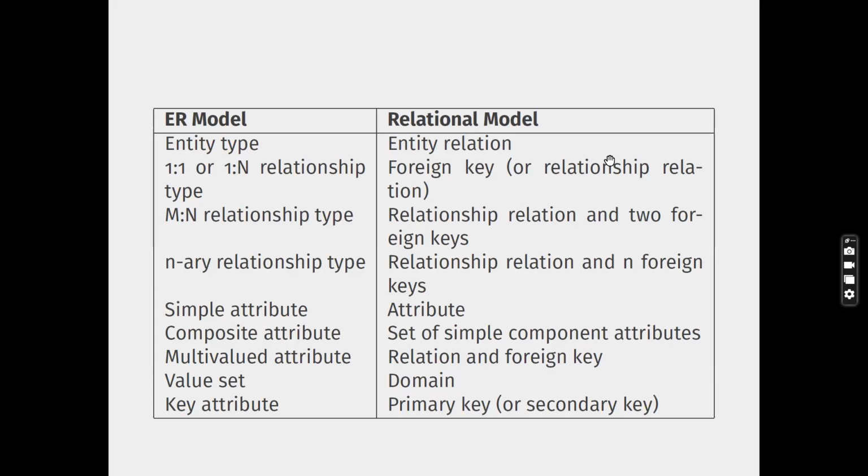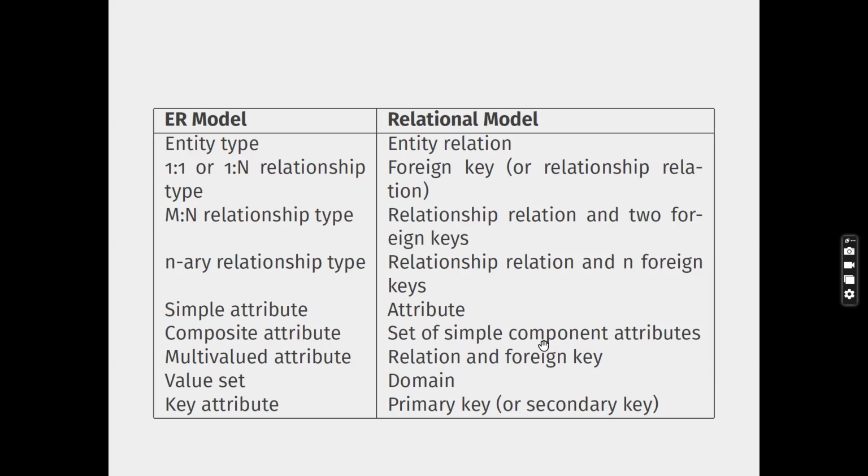Okay, just to summarize what we discussed with the ER model and relational model. ER is a high-level conceptual model, and the relational model is our logical model. Entity types become entity relations. Relationship types become foreign keys. Many-to-many relationship types create a new relation and two foreign keys. When you have an n-ary relationship type, create a relation with n foreign keys. Simple attributes become attributes.